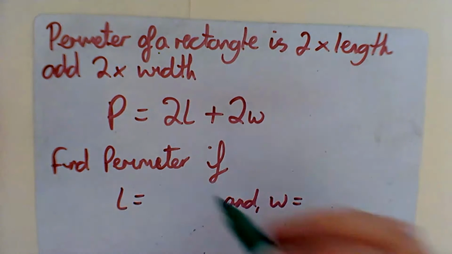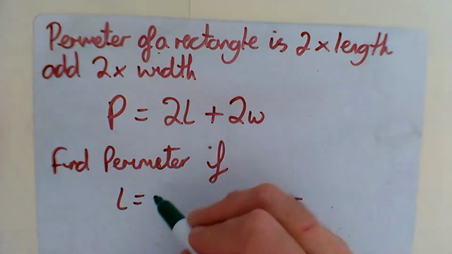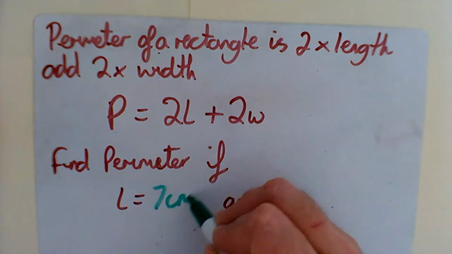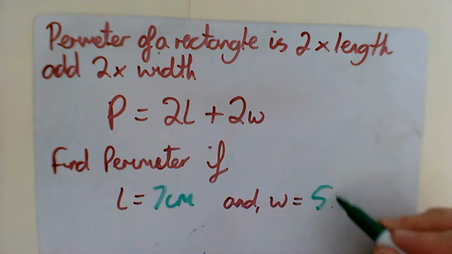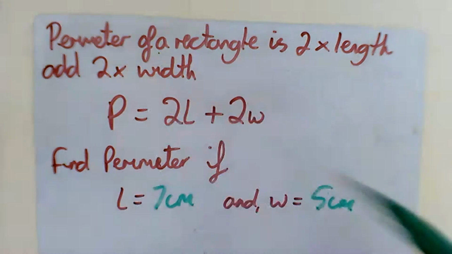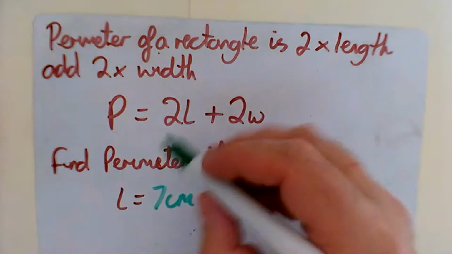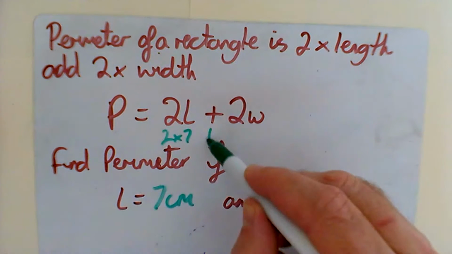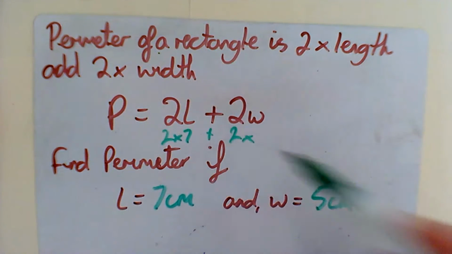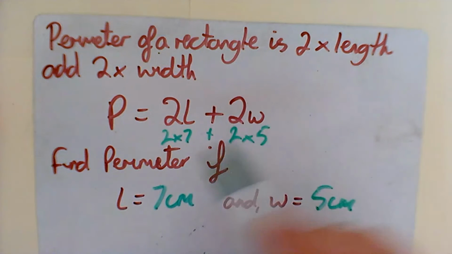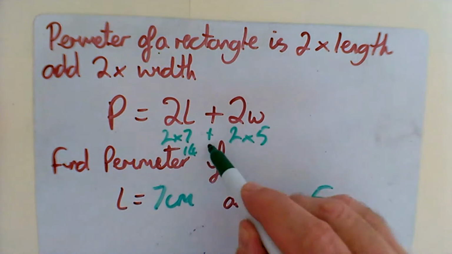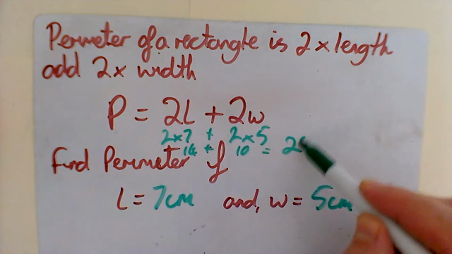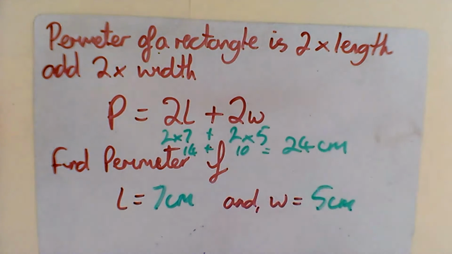So say, for example, the length of my rectangle is 7 centimeters and the width is 5 centimeters. I'll just substitute that in my formula. So it becomes 2 times 7 plus 2 times 5. 2 times 7 is 14. Add that to 10. My answer would be 24 centimeters.